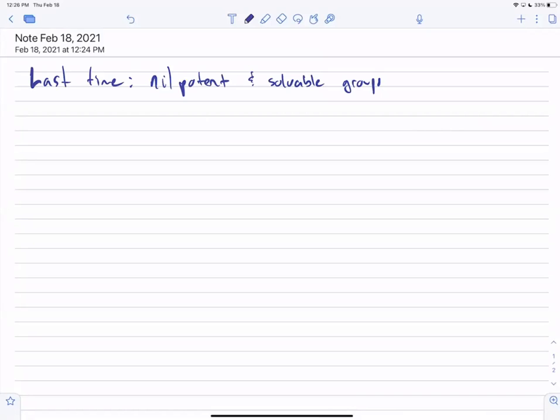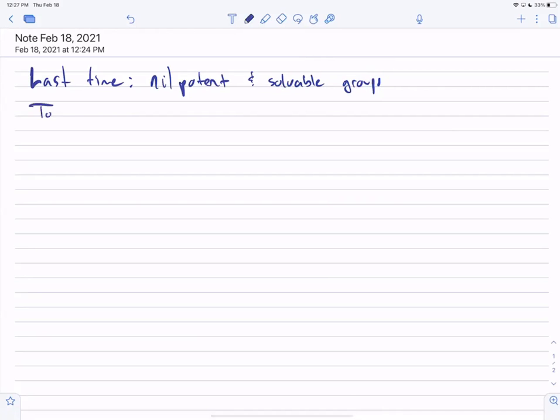Solvable groups are the most general way, and nilpotent groups were a little bit more restricted, but they had a nicer structure theorem. But solvable groups are the ones we'll come back to when we study Galois theory. So for now, that's all we're going to say about that. Again, they'll come up after the midterm.